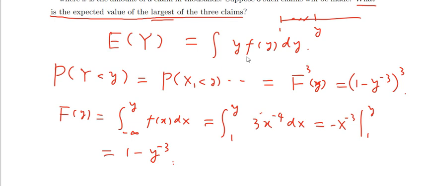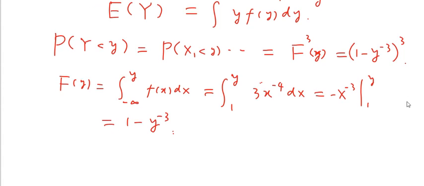Then we plug in here the density function. Oh, we need to use the derivative. So f(y) equals the derivative of 1 minus y^(-3).